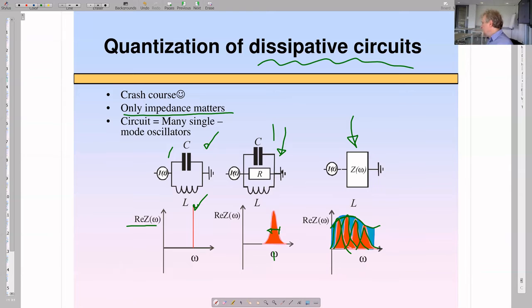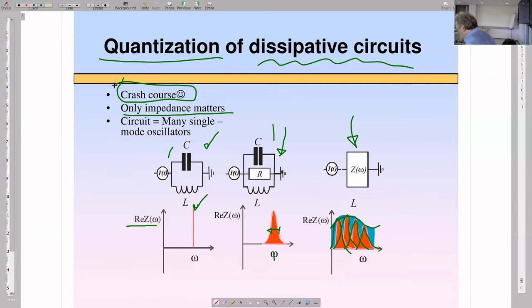Eventually any function can be approximated if we put enough oscillators at different frequencies, and we can thereby approximate arbitrary impedance. But we do know how to quantize an oscillator. It means that we know how to quantize any dissipative circuit. So that was a crash course on quantization of dissipative circuits.